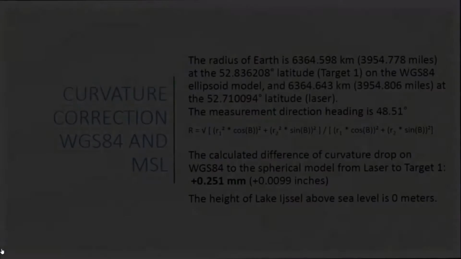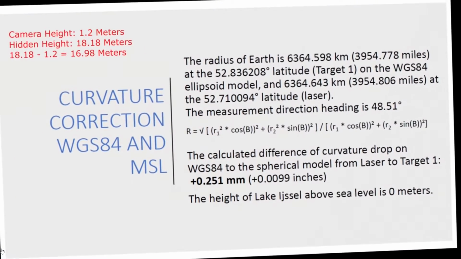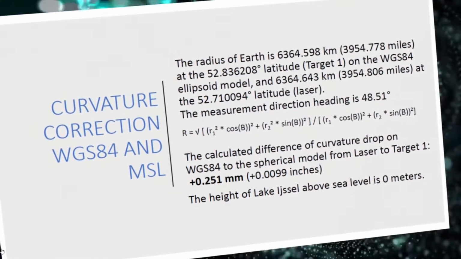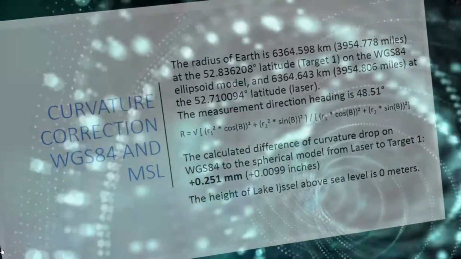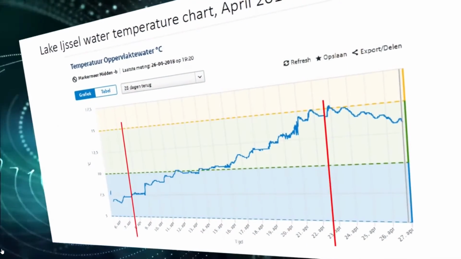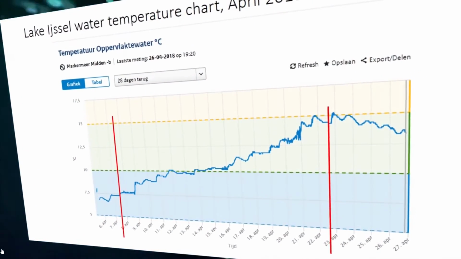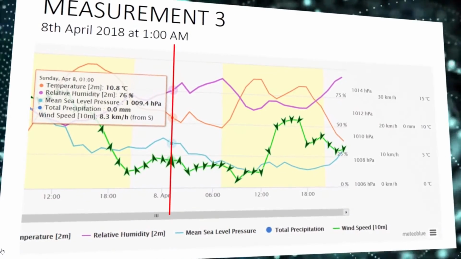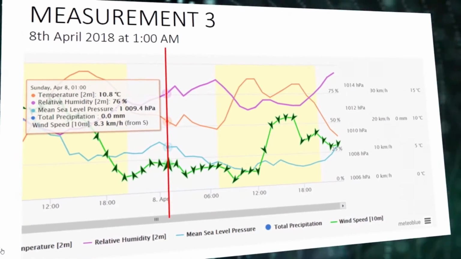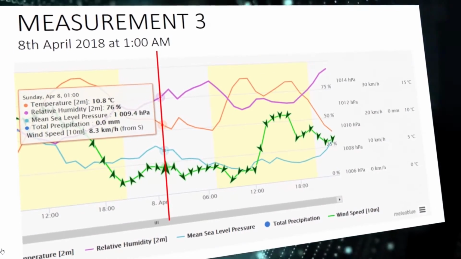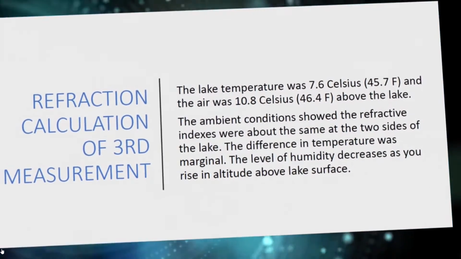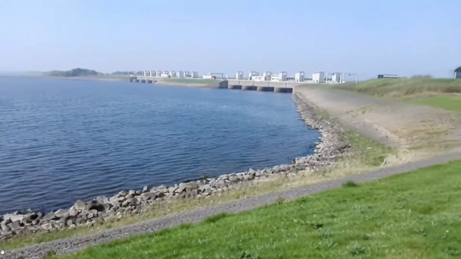The WGS-84 geoid model differed by 16.98 meters in this measurement, which meant 93% of the target hidden height was visible. The lake temperature was 7.6 degrees Celsius or 45.7 degrees Fahrenheit, and the air temperature was 10.8 degrees Celsius or 46.4 degrees Fahrenheit above the lake. The ambient conditions showed the refractive indexes were about the same on both sides of the lake.